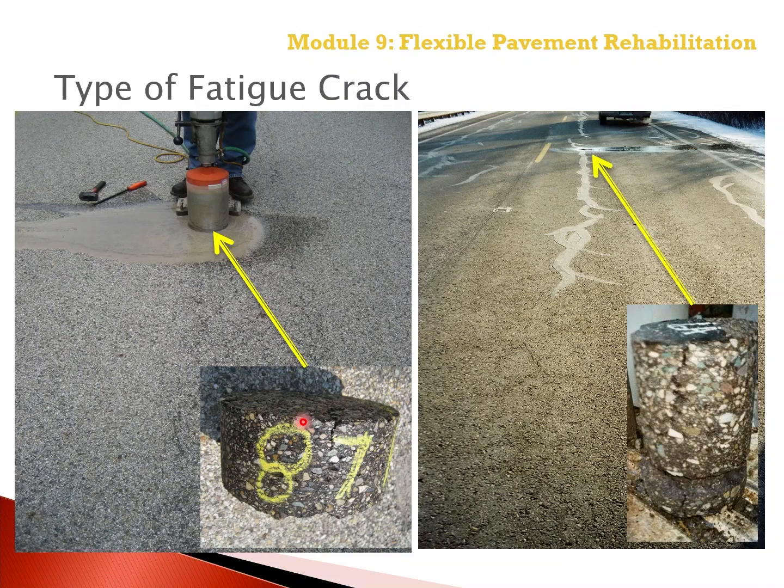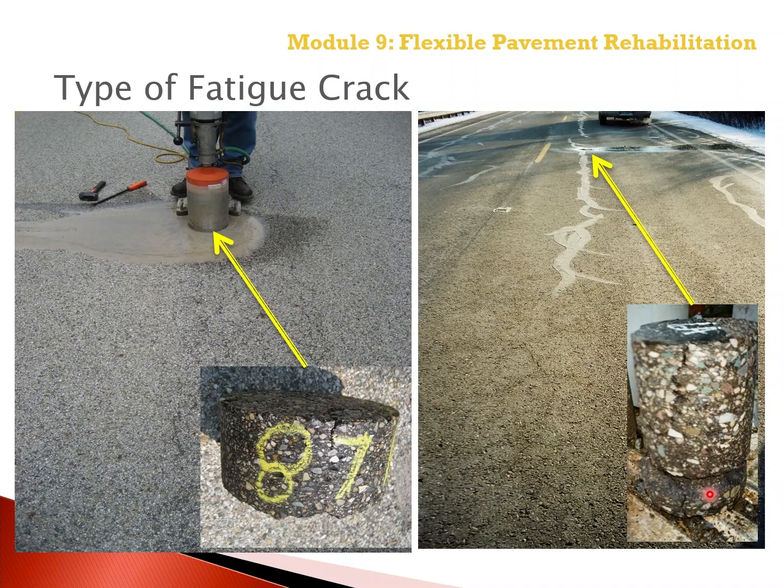However, the one on the right shows that there's a lot more deterioration. The cracks go from the surface to the bottom. The bottom of the asphalt pavement is deteriorated, or intact cores could not be taken.